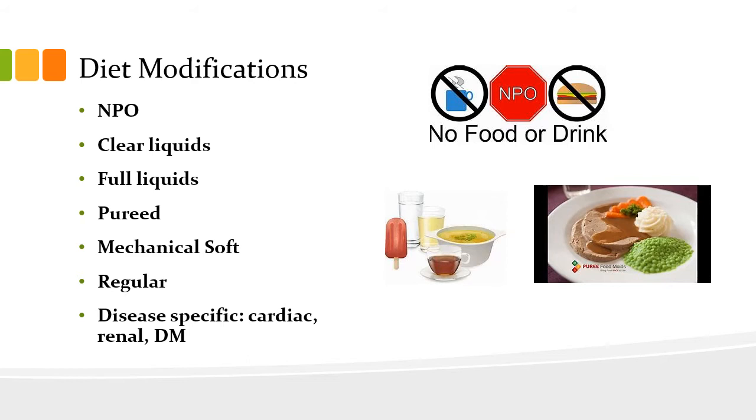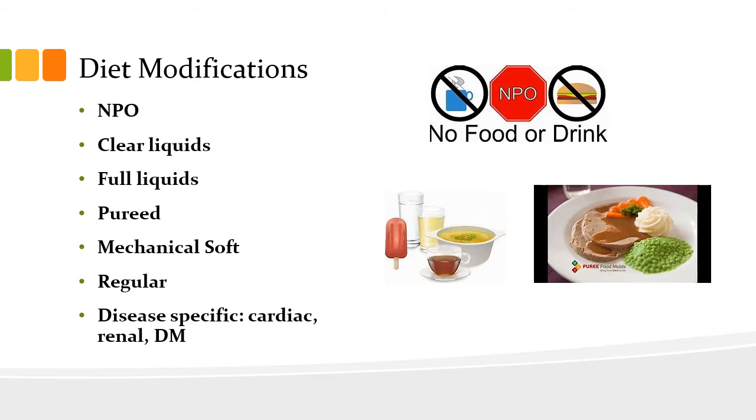A clear liquid diet includes clear liquids like apple juice, coffee, and water. No juices with pulp or that are thick are considered clear liquids. Full liquids are more of your soups and the juices that do have pulp in them. There's pureed, which is the consistency of baby food.